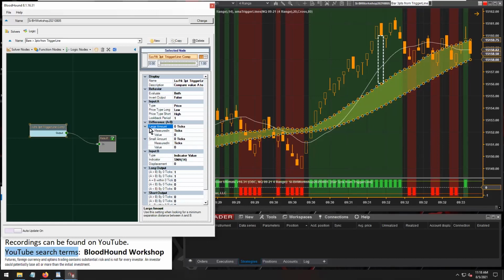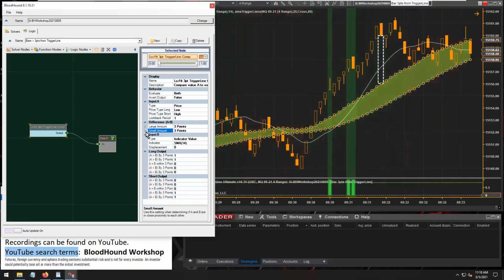I'm expanding the settings here so I can convert from ticks to points, and we'll put in 3 points. There we go. So there's our difference between the bars and the trigger lines.